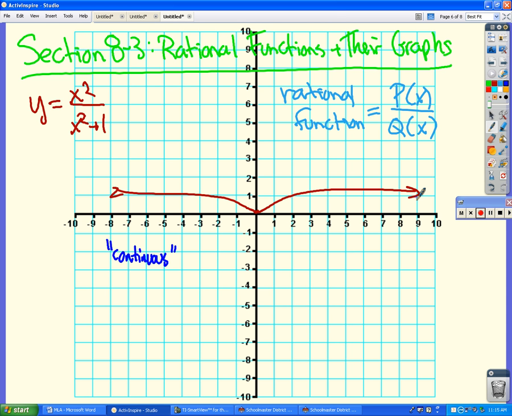So this function is considered to be continuous. There's no holes, there's no breaks. It continues from one side of the graph to the other. Does that make sense?